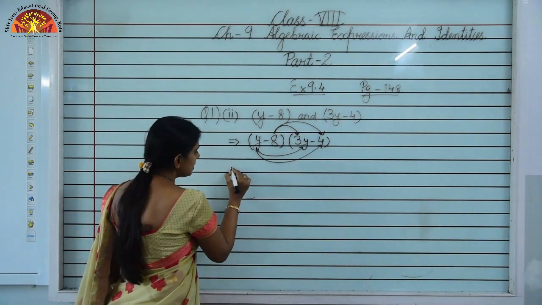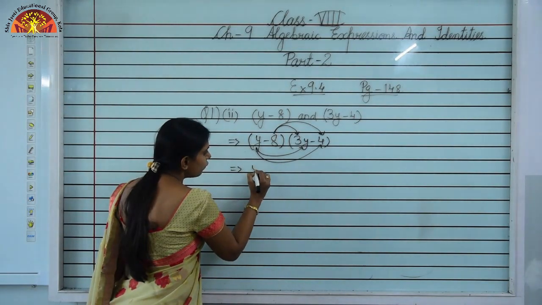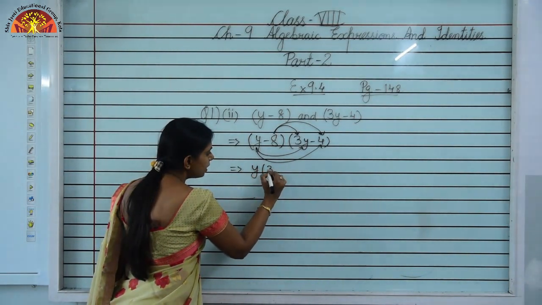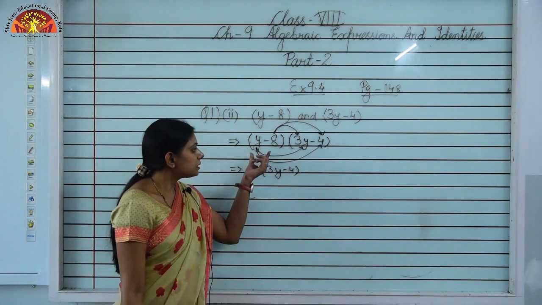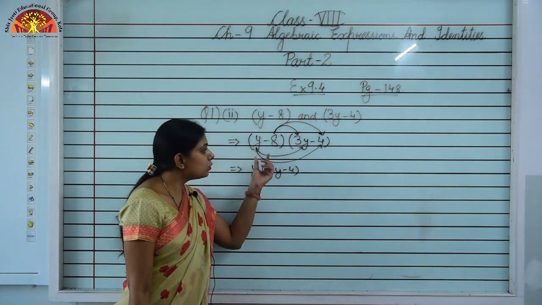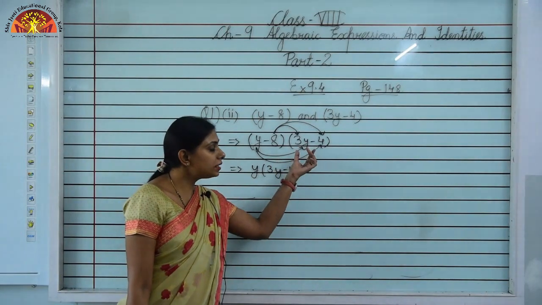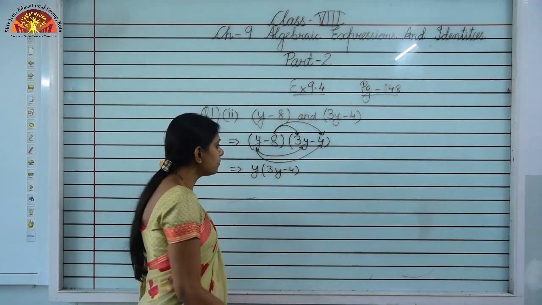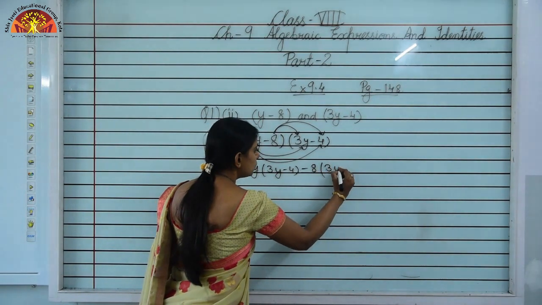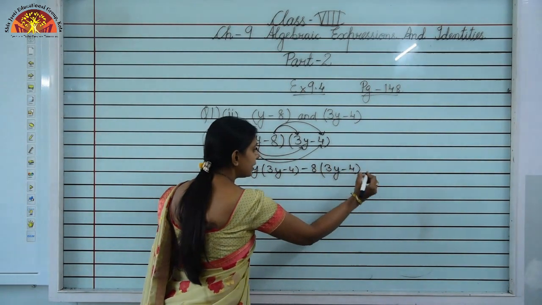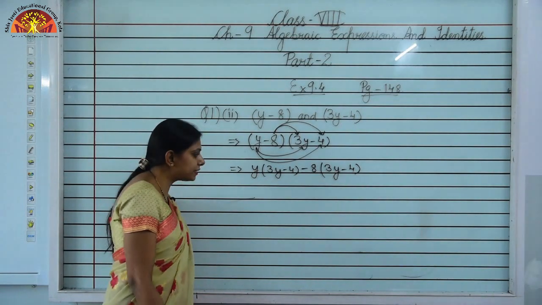The terms in the first bracket will get multiplied with all the terms in the second bracket. Similarly minus 8 into 3y minus 4. I hope you are getting it.